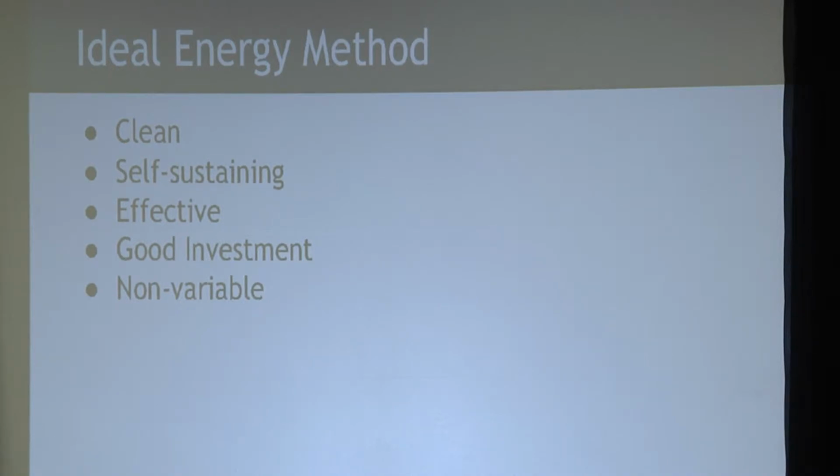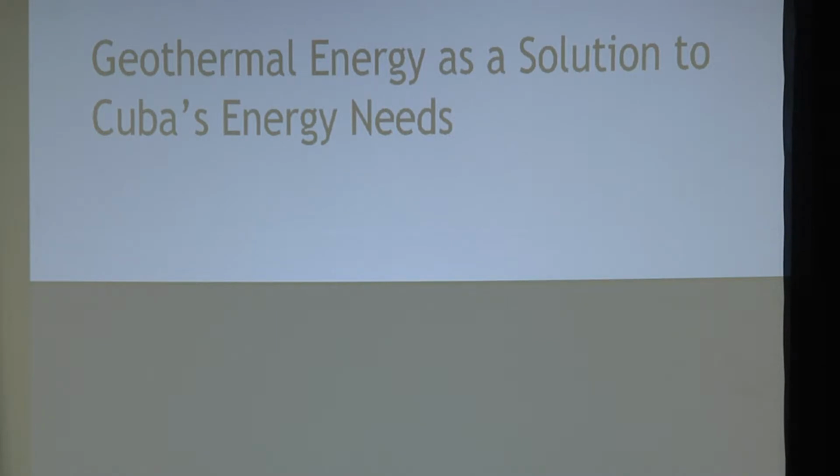So the ideal energy method that we would be looking for and implementing would be clean, self-sustainable, effective, and non-variable, something that is stable and won't be on and off, and your lights won't go off. So our proposed method is geothermal energy.